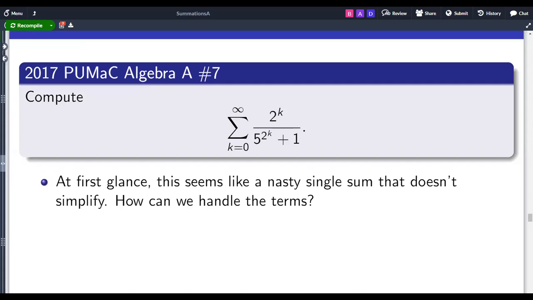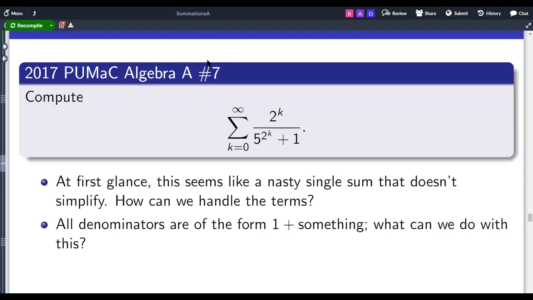I'm not sure if that's immediately useful, but okay. Let's see, I don't really understand the idea, but let's see if what we're about to do is similar. So all of the denominators are of the form 1 plus something: 1 plus 5 to the 2, 1 plus 5 to the 4, and so on. And what can we do with a fraction whose denominator is of the form 1 plus 5 to the something?